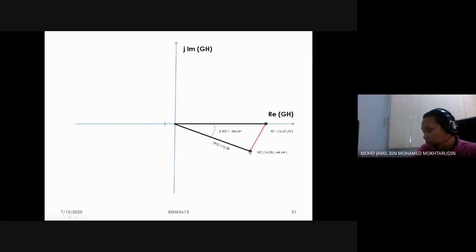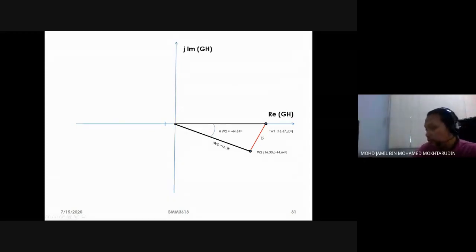And then after you plot 2 points, you connect the points by a line. So this red line here is your Nyquist plot, not the black line here. The red line is the Nyquist plot.